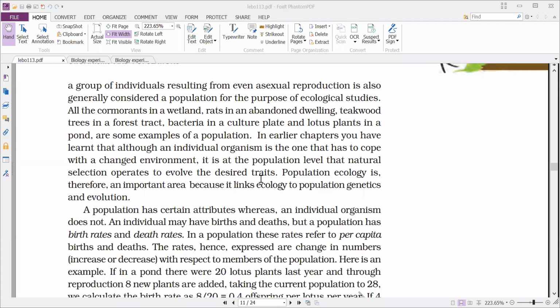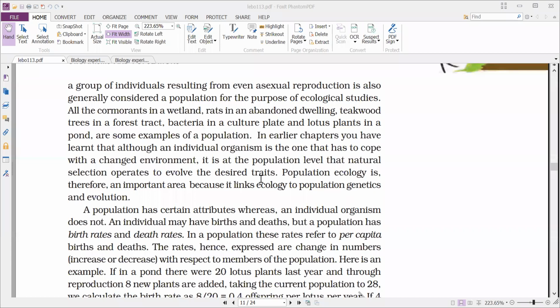So population ecology is an important area because it links ecology to population genetics and evolution. Evolution means that a new organism is developed because it is continuously undergoing certain changes, which help the organism to develop new characters, thereby developing into new species.